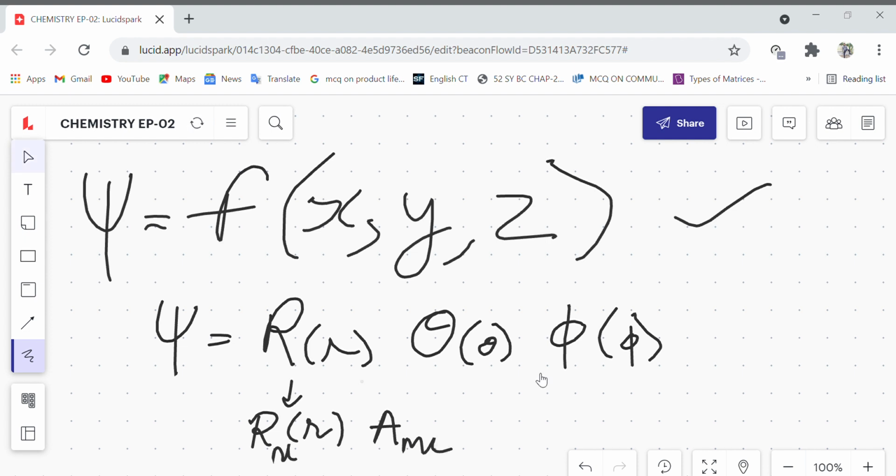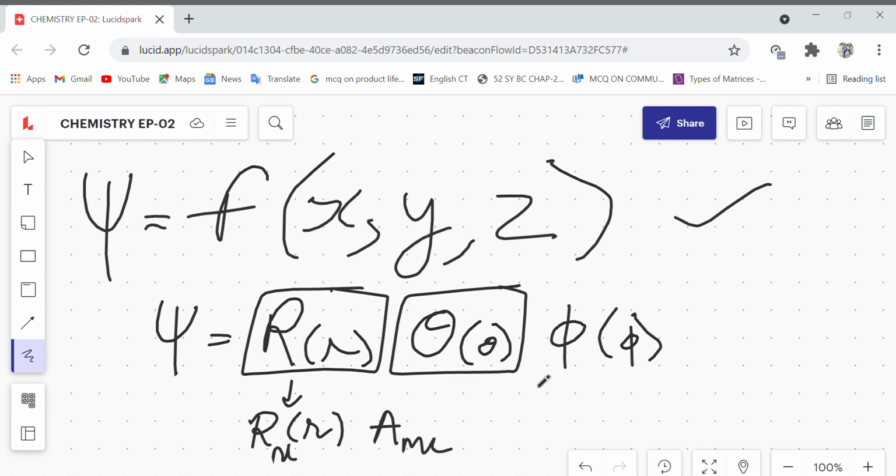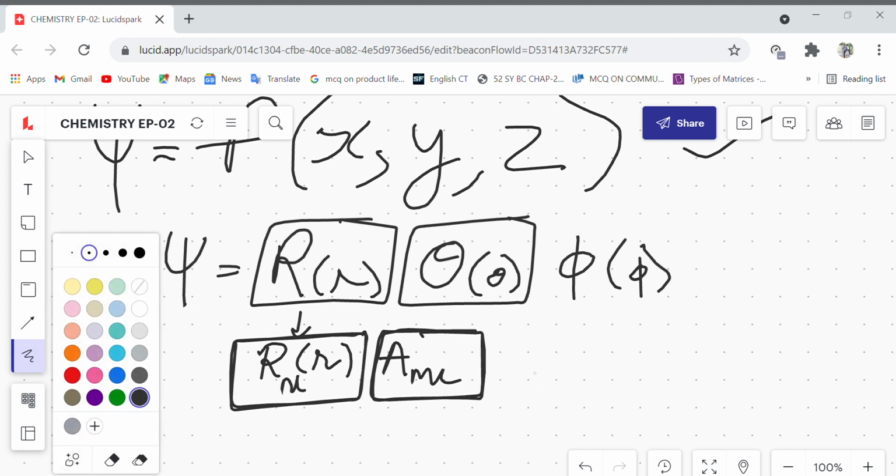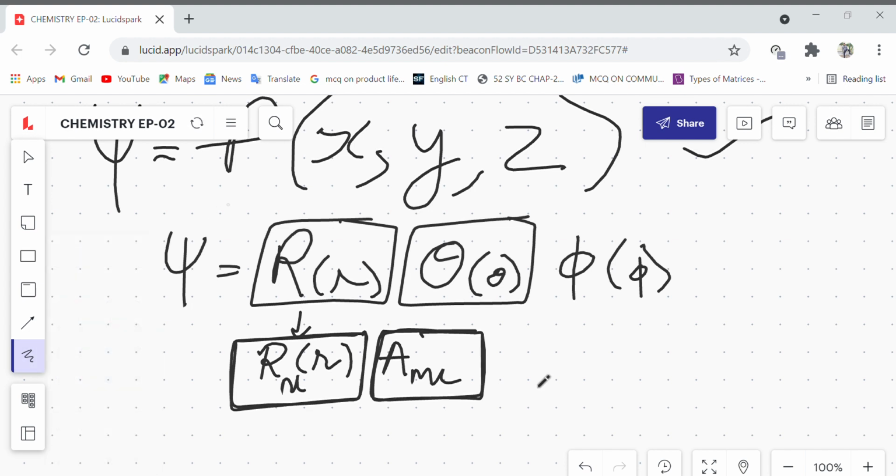So this basically depends on distance from the nucleus. This depends on quantum number. This tells you about the radial function. This tells you about the angular wave function. Let me write it in the red pen. This tells you about distance from nucleus.